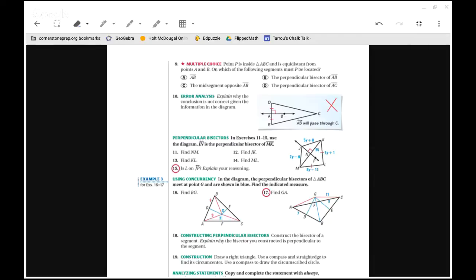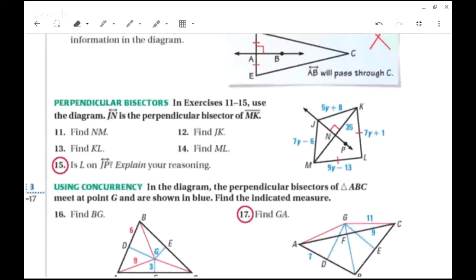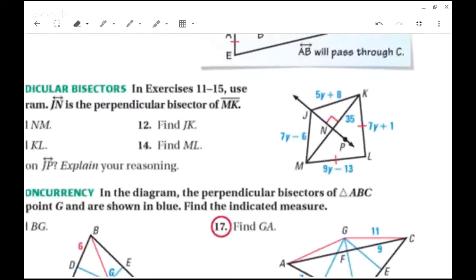Okay, so if you look at the picture, actually, let me see if I can zoom in a little so it's easier to draw better. All right, so do you see how we know that this line here is the perpendicular bisector of that segment? Are you good with that? Okay, so since it's the perpendicular bisector of the segment MK, we know a bisector divides a segment into two congruent parts.